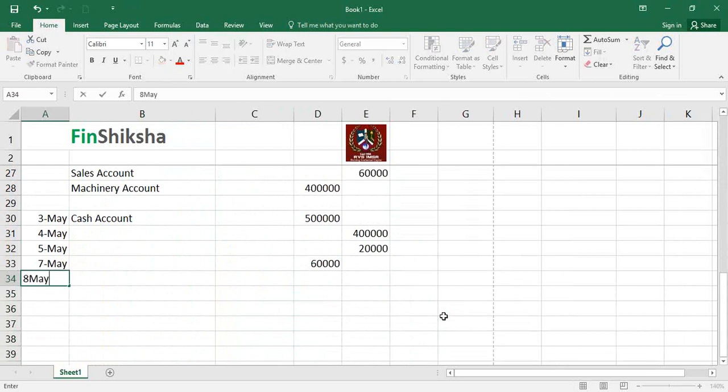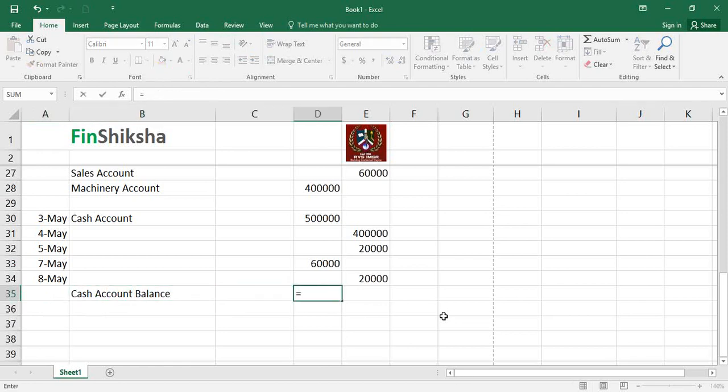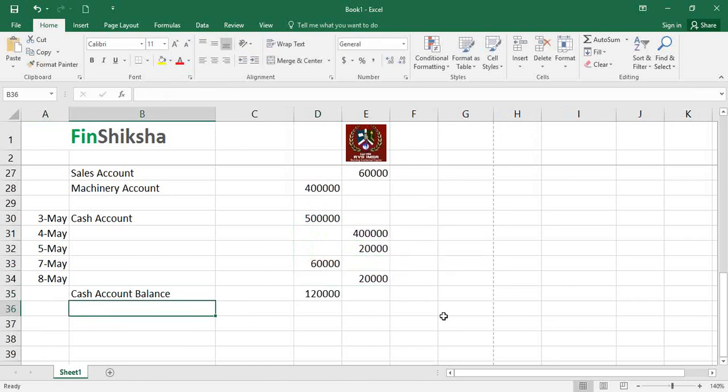And on 8th May, it was again credited for 20,000 which you paid to the supplier. So cash account balance is going to be equal to the sum of all the debits minus the sum of all the credits. So we find 120 of debit in the cash account.